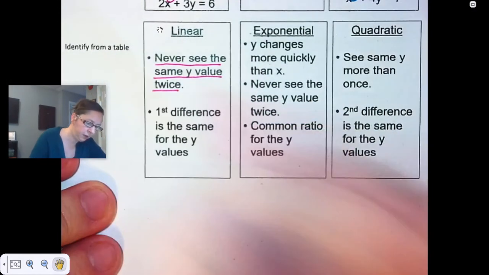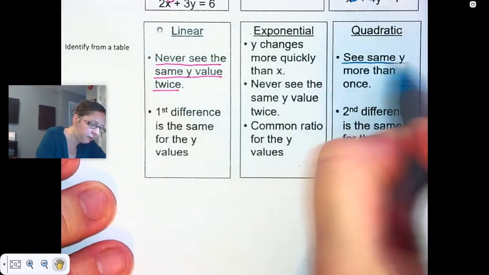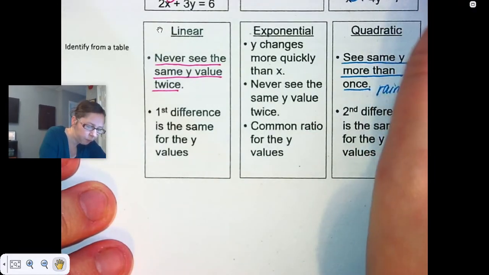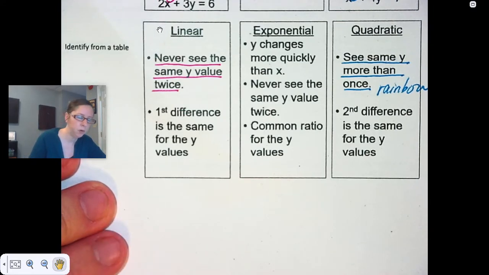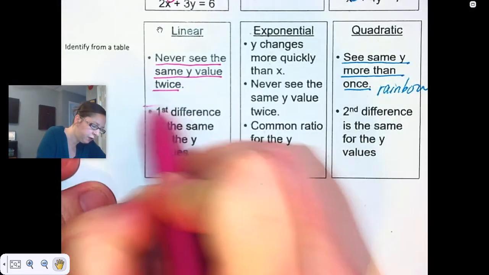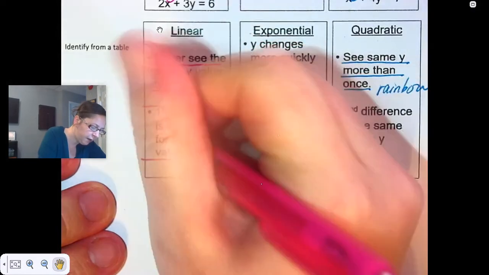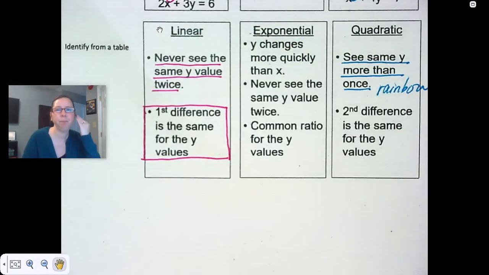That's important because we know in quadratics, you do see the same y value more than once because it has the rainbow. All right. And then really the main key thing that we're going to be looking for is the first difference is the same for the y values, okay?